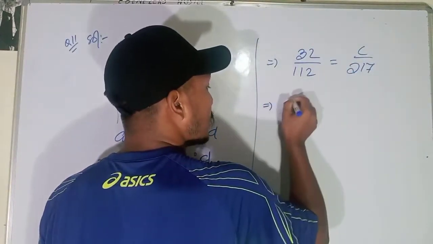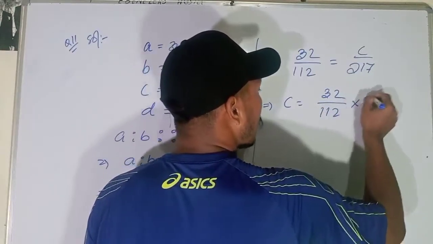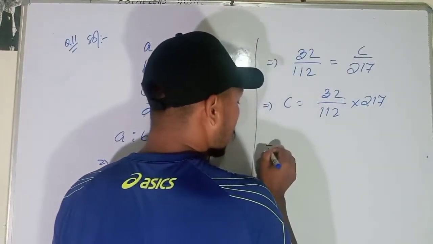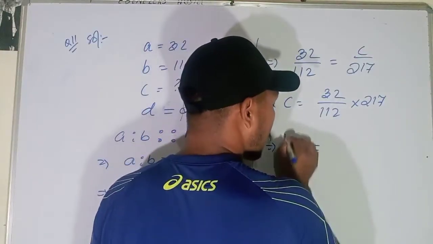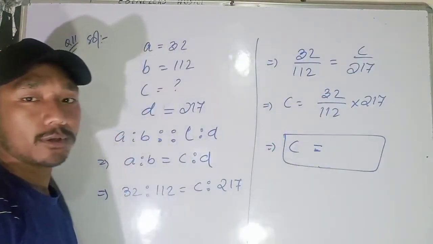So C will be equal to 32 by 112 into 217. Calculate this and you will get the answer.